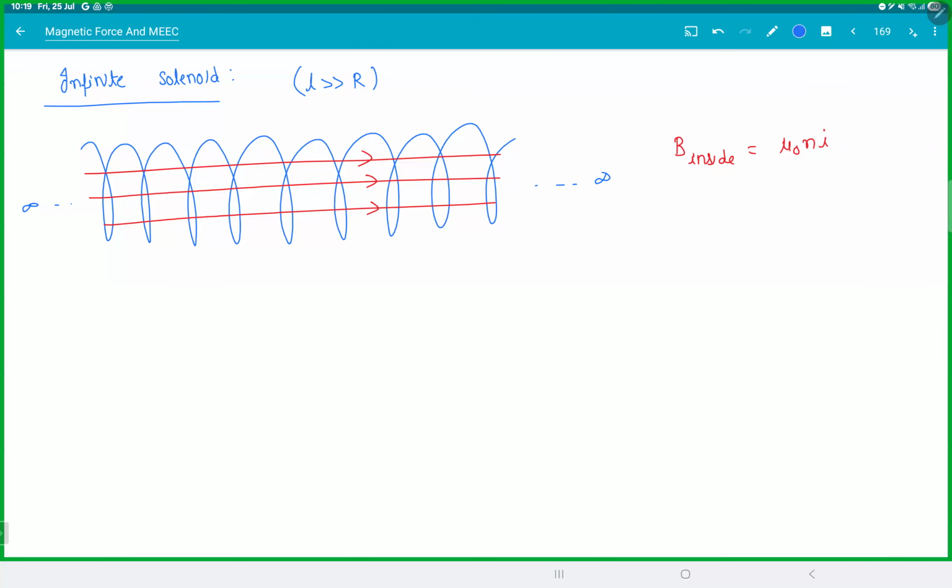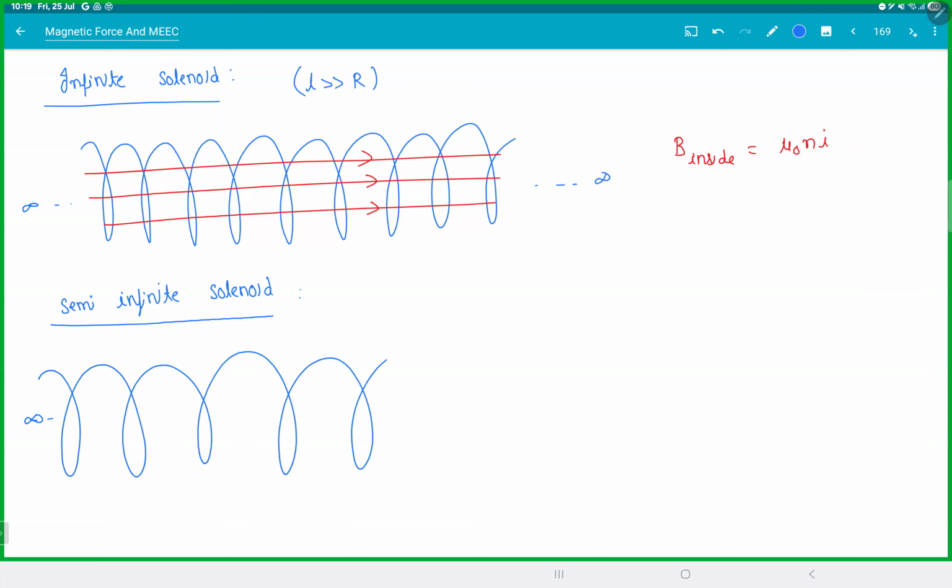But what if you take a semi-infinite solenoid? So one side is infinity, the other side is an open end, which you can see. Now tell me one thing. If I take two semi-infinite solenoids and I join them, then I'll get an infinite solenoid.